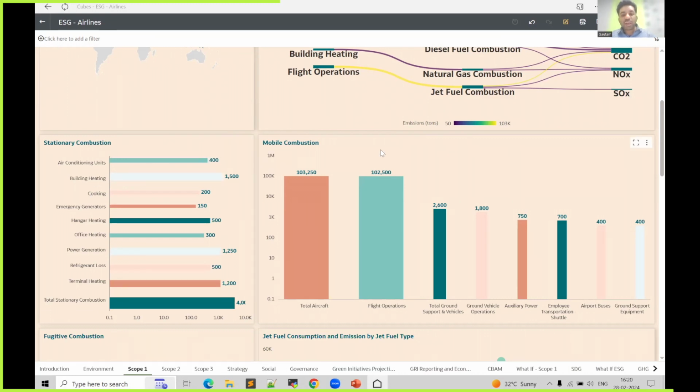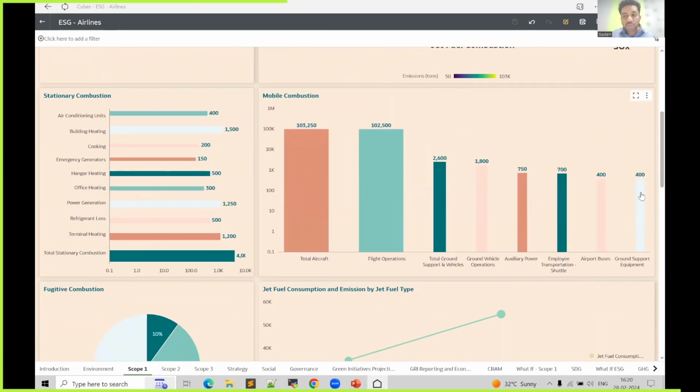And then you look at mobile combustion, anything in motion. So the total aircraft, how much is coming from my flight operations. And when the flights are parked in airports, different emissions will be coming in from different operational procedures, and you basically try to compute the overall emission for my aircraft based on different metrics which will be captured as part of your mobile combustion.